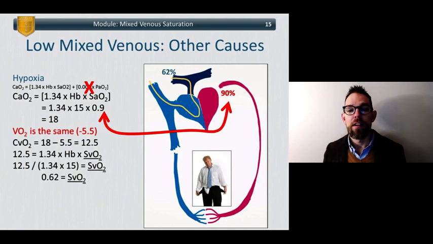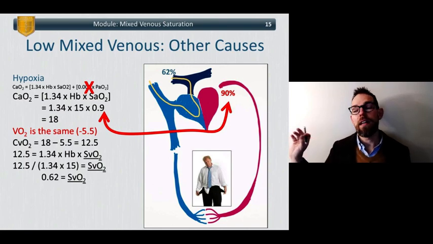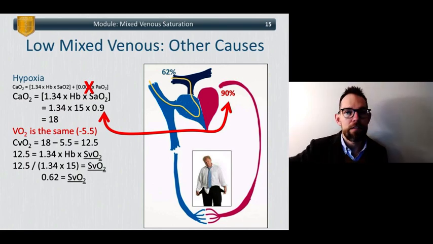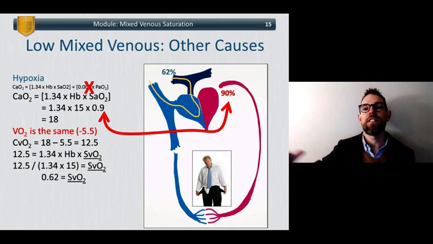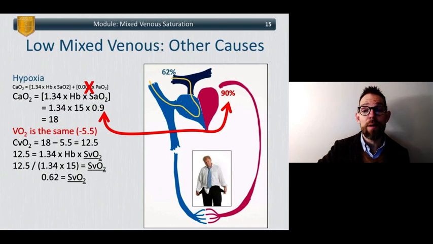Doing the math, you get an SVO2 of 0.62, which is lower than 75. So cardiac output remains the same, VO2 has remained the same, but the train cars that are getting to the peripheral tissue are not filled as much with oxygen. So we've got the same amount of boxcars, they're just not filled up with oxygen as well as they should be. So we are in a hypoxic state.